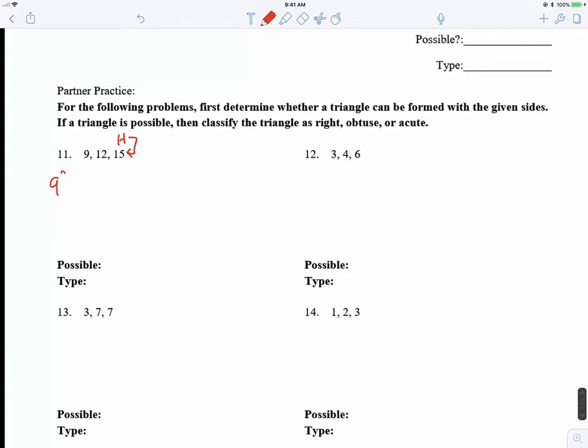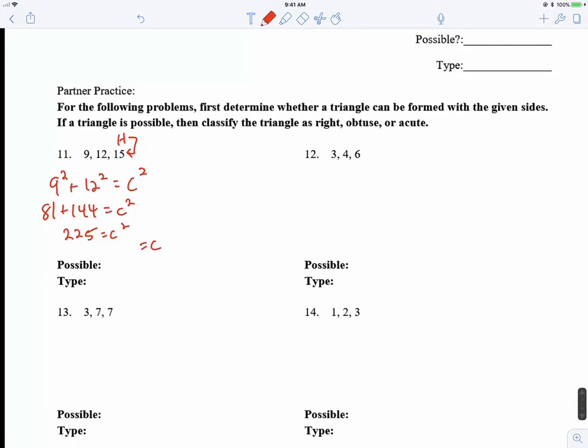So I'm going to take the legs and find out what the hypotenuse should be with those legs. So it's 9 squared plus 12 squared, which is 81 plus 144 equals c squared. When I add those, I get 225 equals c squared.